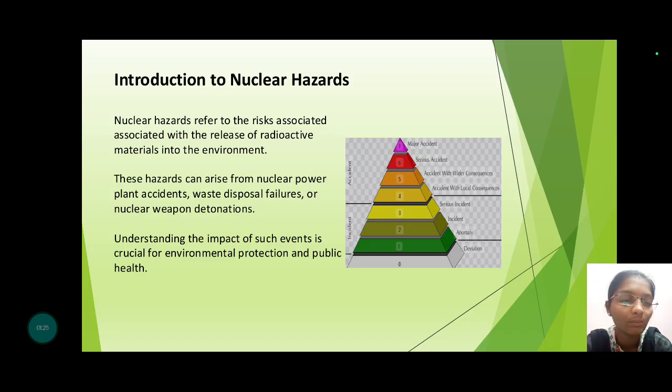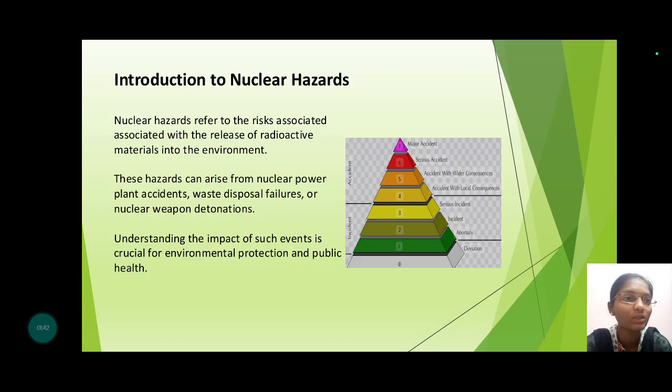And beside picture we can see a pyramidal structure. The top three levels are known as accident, and below four are known as incident.